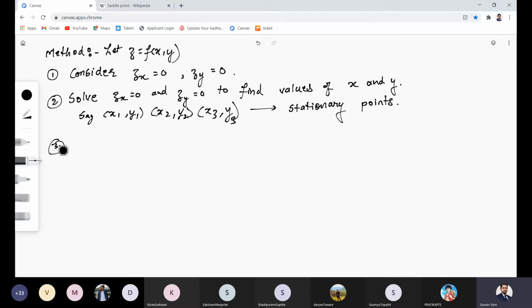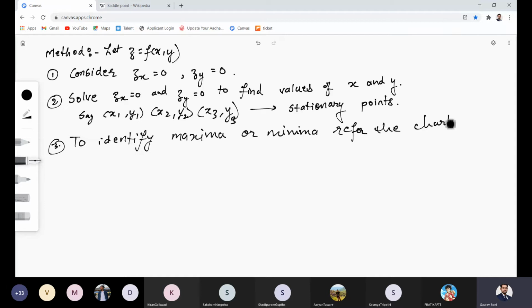So step 3: to identify maxima or minima, refer to the chart. There are three cases actually.